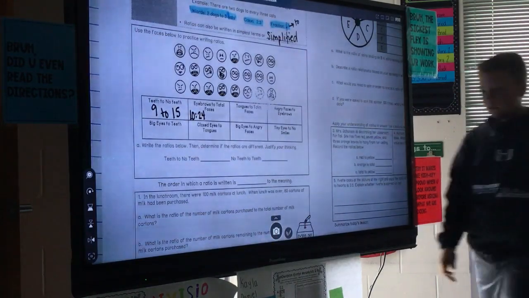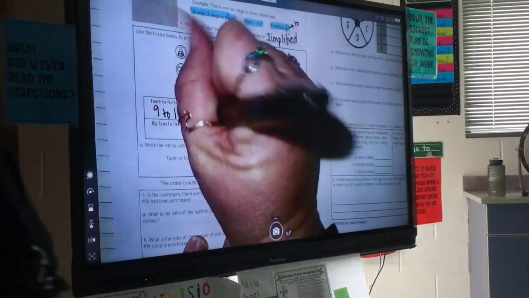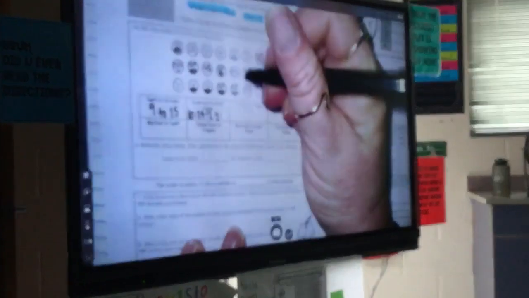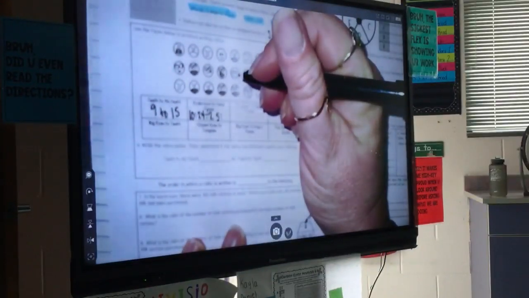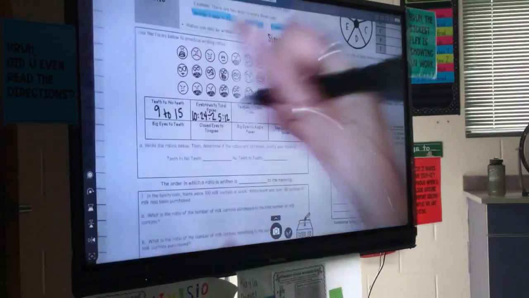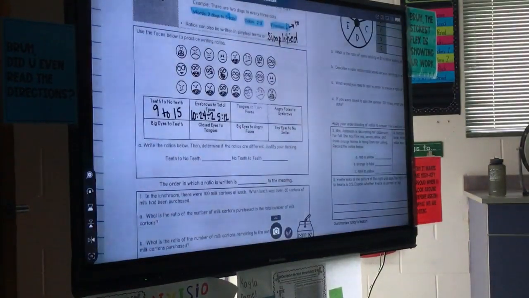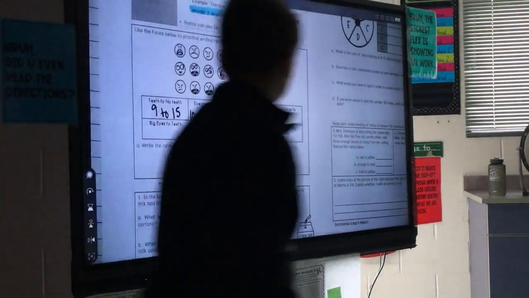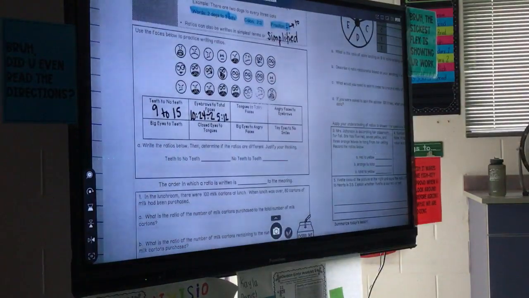What do you think? 2. So you're going to divide by 2. So 10 divided by 2 is going to be 5. 24 divided by 2 is going to be what? 12. Okay? So that's essentially simplifying. Pretty straightforward, pretty easy, right? Ratios are not a hard thing.